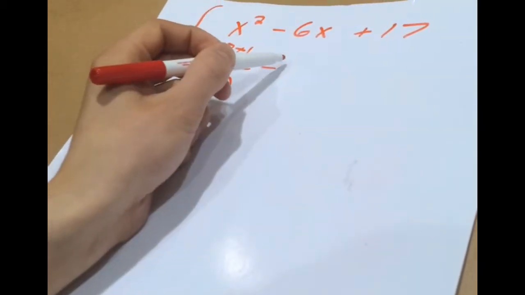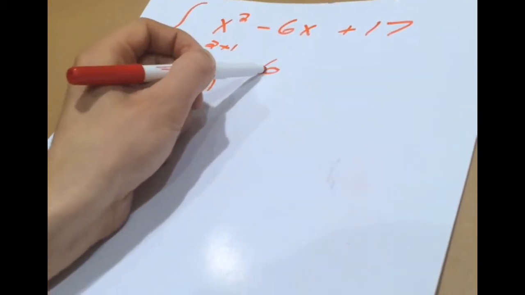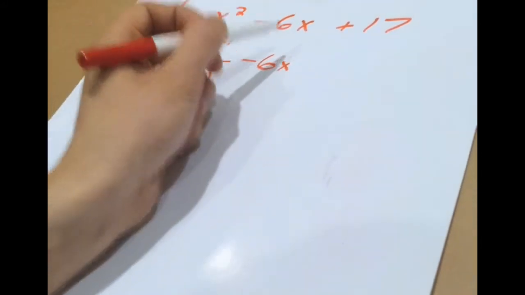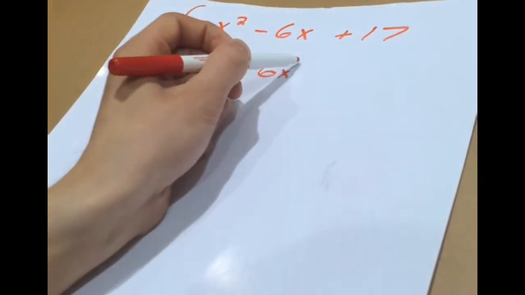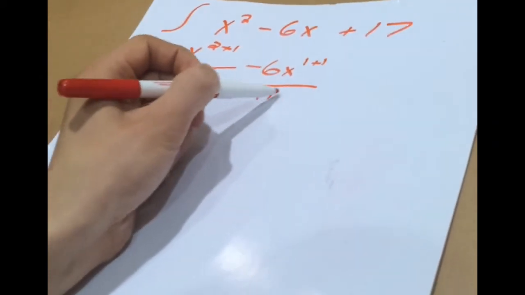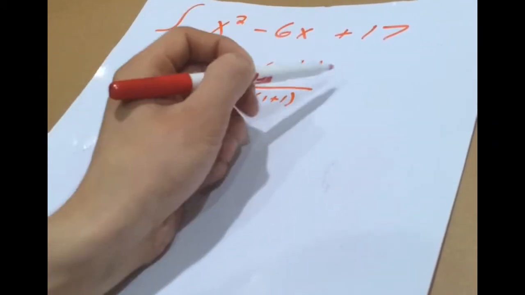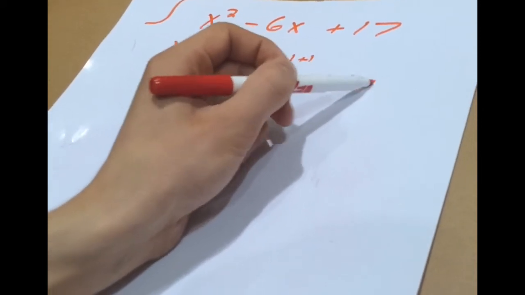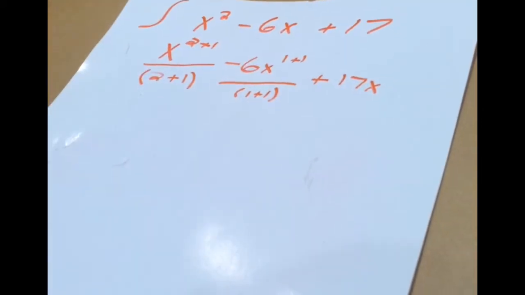As you can see, I'm adding 1 to the exponent and then dividing by that new exponent for both the x squared term and the negative 6x term. And then the plus 17 will be multiplied by x using the constant rule.